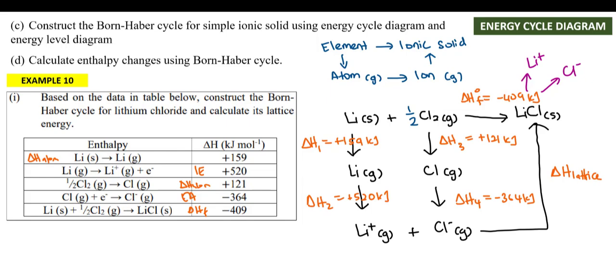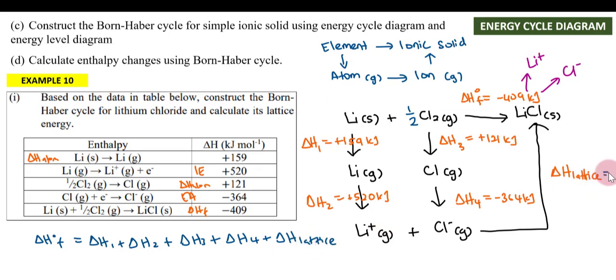By applying Hess's law, again the Born-Haber cycle is also the application of Hess's law. So the delta H formation of the lithium chloride is equal to delta H1 plus delta H2 plus delta H3 plus delta H4 plus delta H lattice.